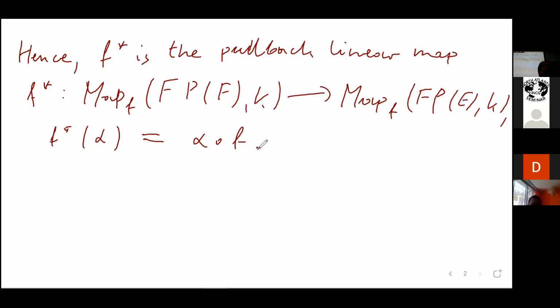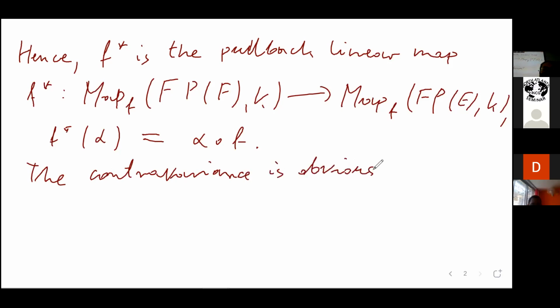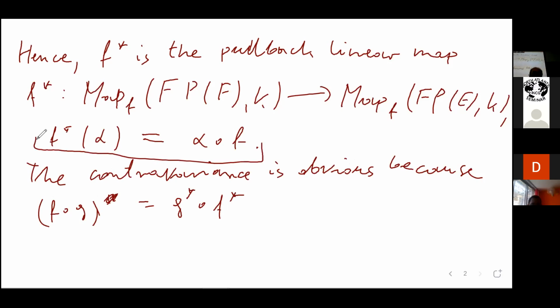So now the contravariance is obvious, because that's a property of all pullbacks. If I have F composed with G star, this is just G star composed with F star. That's just immediate from this formula, okay? It works for any maps between any sets.